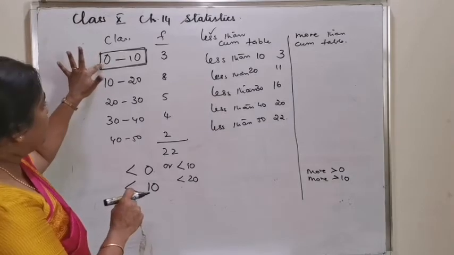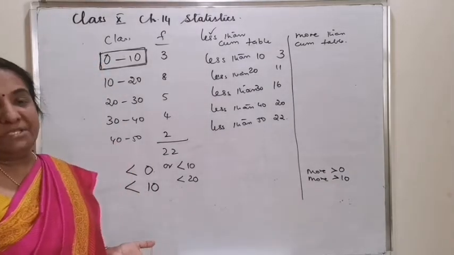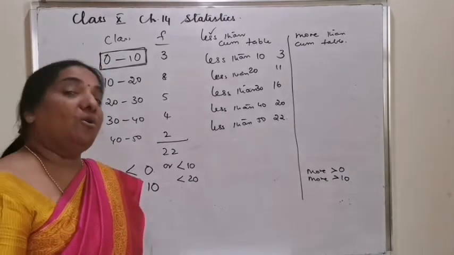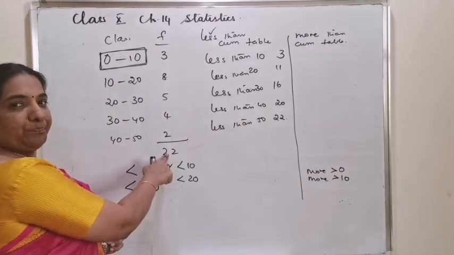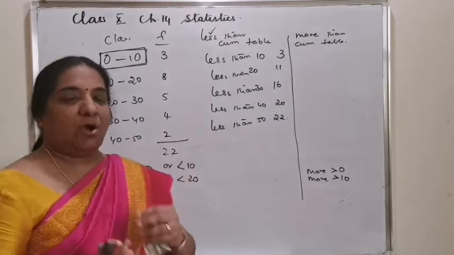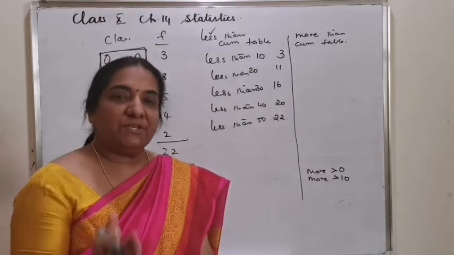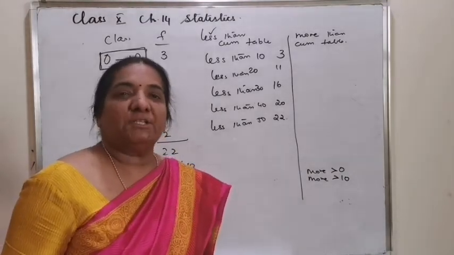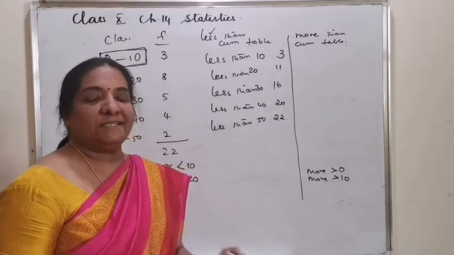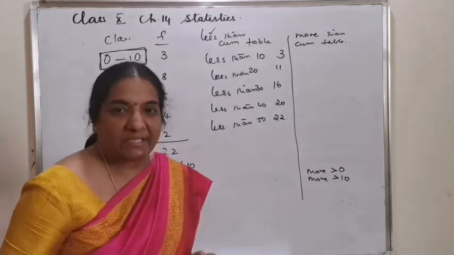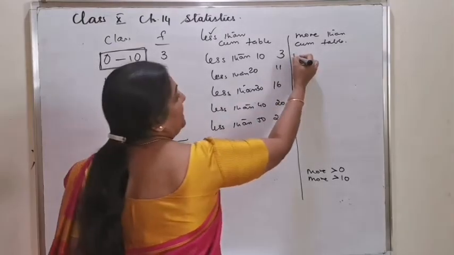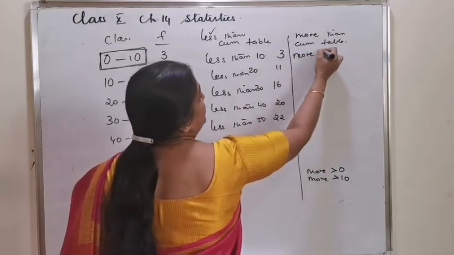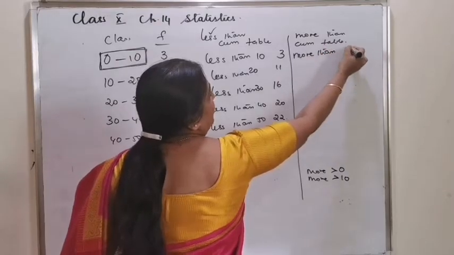That means from 0 to 50 there are numbers. More than 0, how many are there? A total of 22. The question is just how many more than 0. There is no stopping point, which shows that more than 0 means there are altogether 22 in number. So the first concept is more than 0.